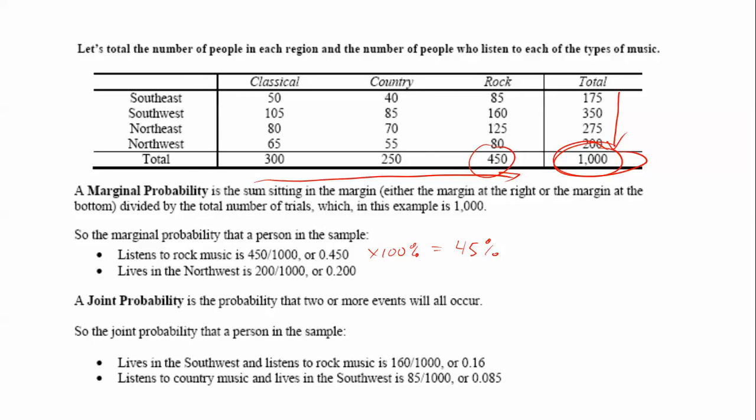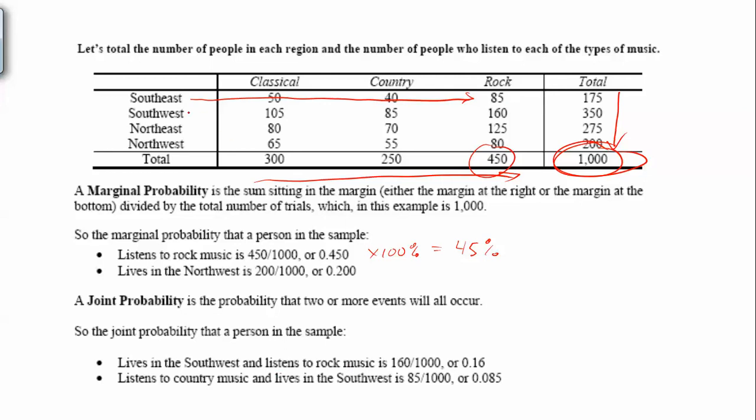That's a marginal probability. A joint probability is that the person falls into two possible characteristics. So for example, what is the probability a person lives in the Southwest and listens to rock music? Now we're not looking at the margins, we're looking at where the two items cross. So the Southwest and rock, we would go over to the Southwest until we found lives in the Southwest and listens to rock music.